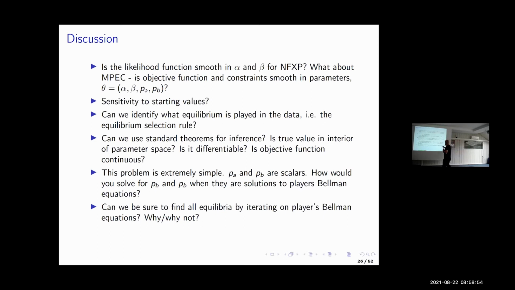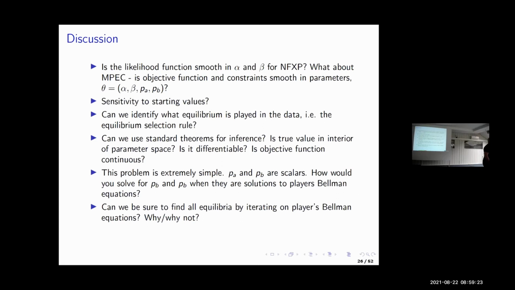Okay, so that's an issue. Now, what you want to take away from this is extremely simple. There are 2 parameters and 2 probabilities. And already now we're starting to see some issues. What would happen if the choice probabilities were a huge function of all the Player-Bellman equations?